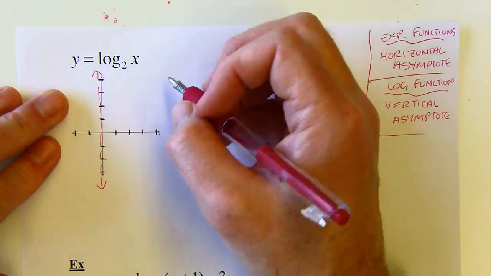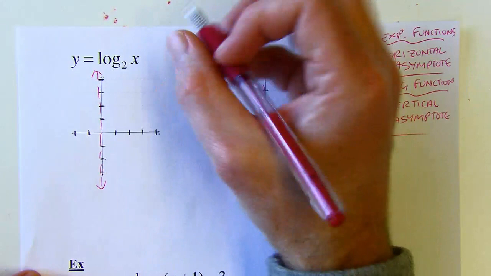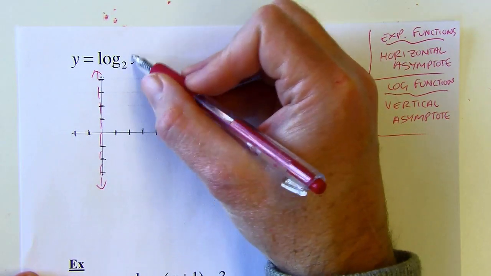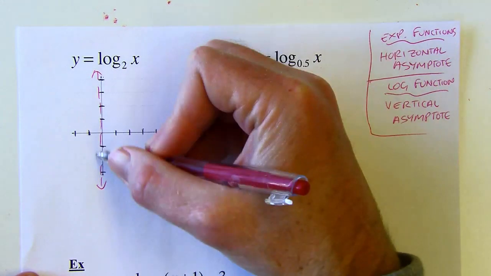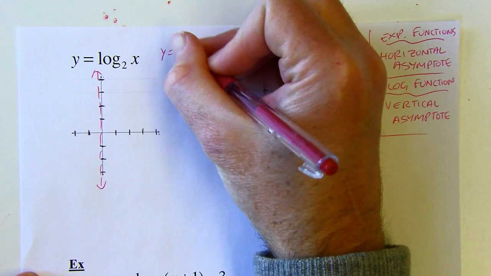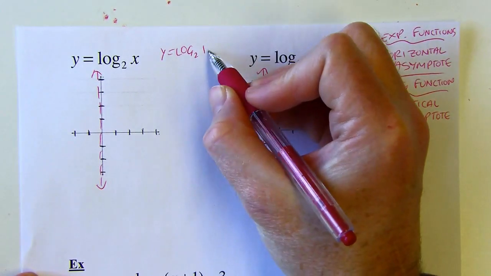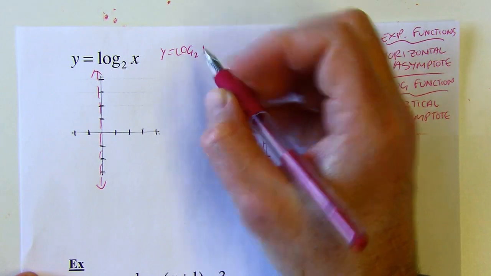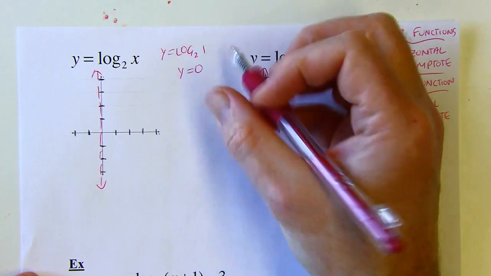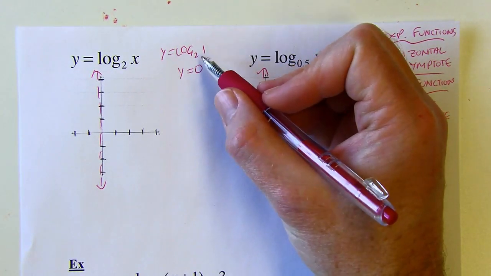And then let's see what happens when we plug in 1 for x. When I plug in 0 for x, I'm going to have the contents be 0. It's going to be undefined because it'll be on that asymptote, okay? But if I plug in 1 for x, then, hey, 2 to the something equals 1. That would be 0. Okay, you could put that in your calculator as log 1 over log of 2.